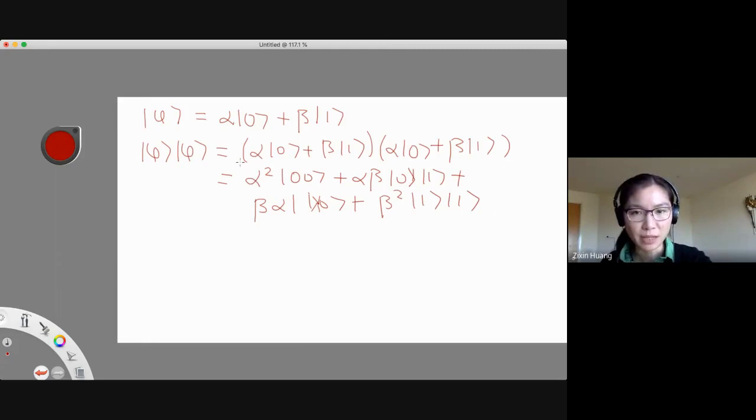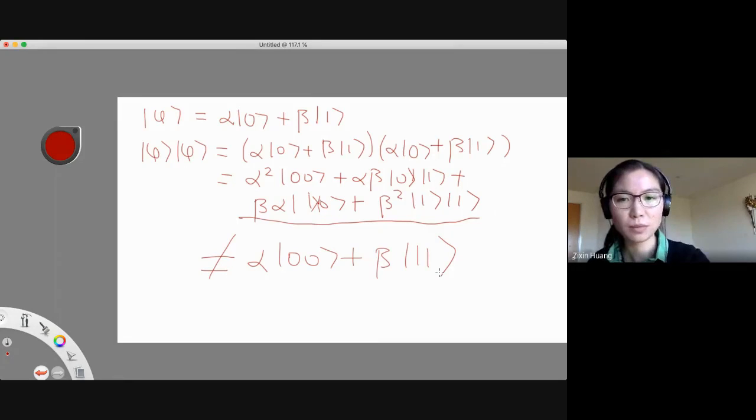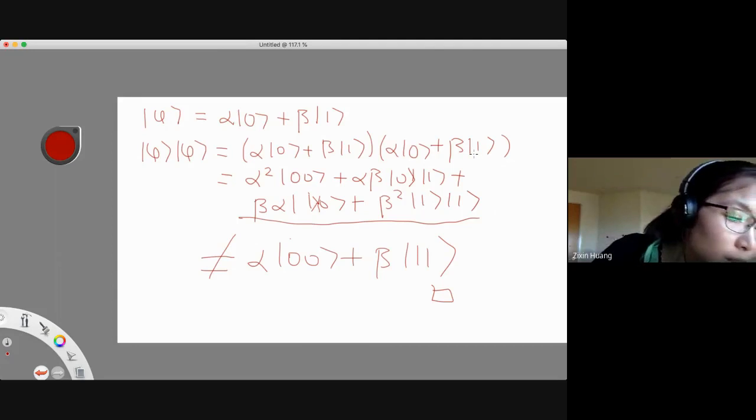So if my procedure is actually able to copy the state, this is what I should end up with. It's this whole thing over here, and this is obviously not equal to alpha 00 plus beta 11. So we have our toy proof. Cool.